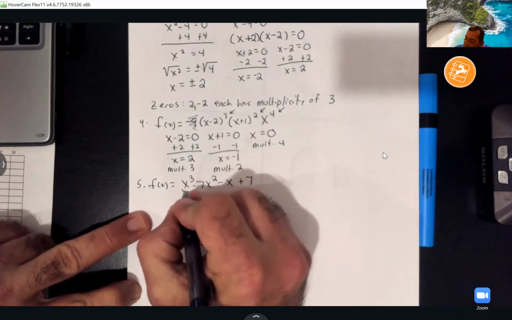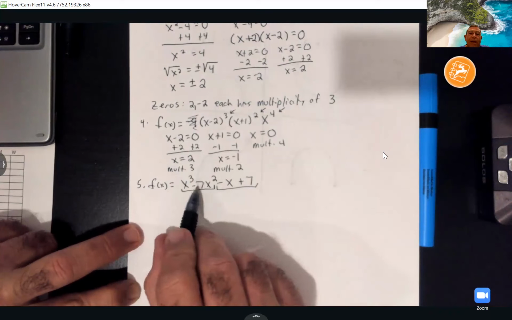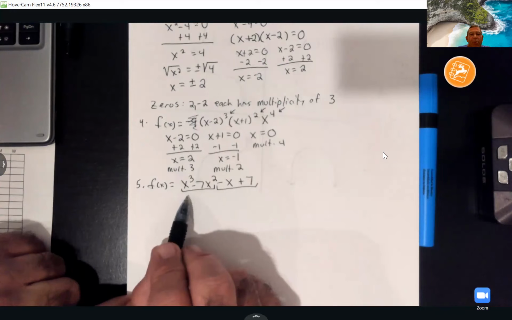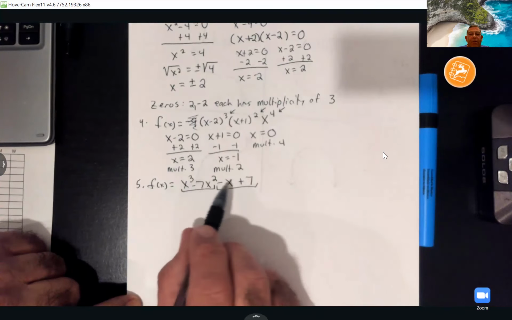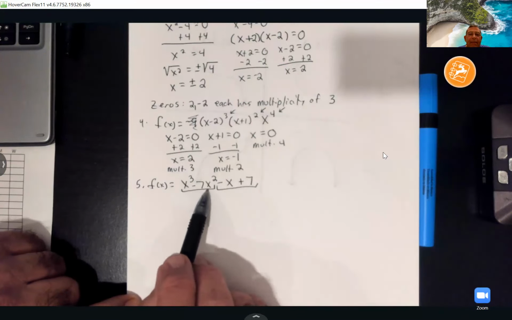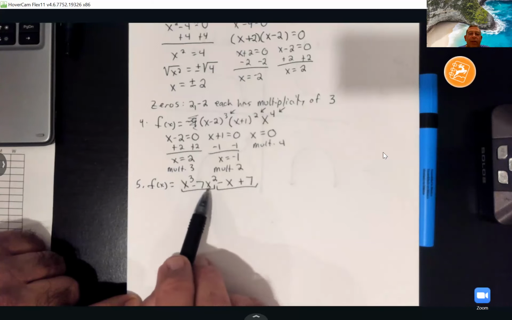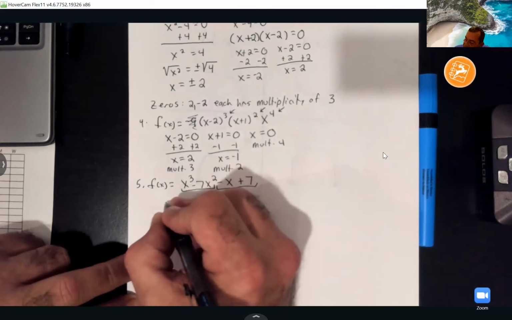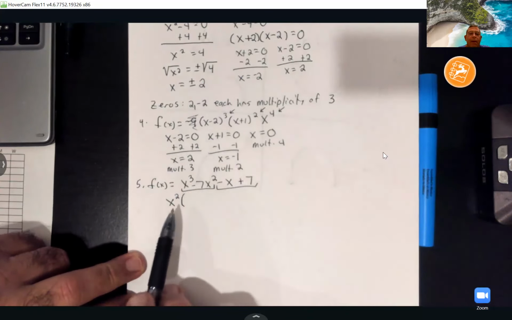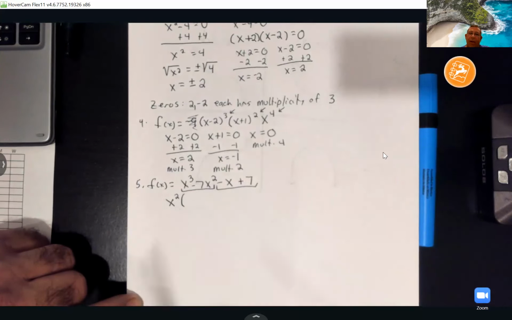So this is one of those 4-termers where we separated it into 2 groups and did factor by grouping. We factor out the greatest common factor from each of these 2 groups. Y'all are going to have the same greatest common factor on the first 2 terms: x cubed and 7x squared. The greatest thing they have in common is an x squared.